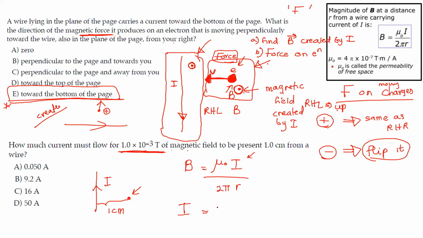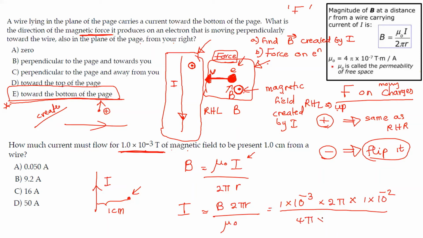If I make current the subject of the equation, I get this equation. So I'm substituting the values. 1 centimeter is 1 times 10 to the negative 2 meters. Mu naught is 4 pi times 10 to the negative 7.